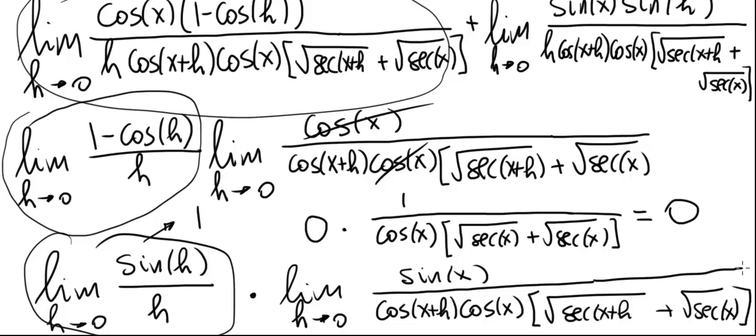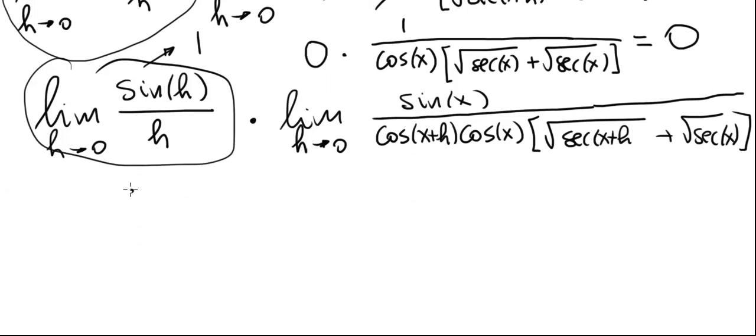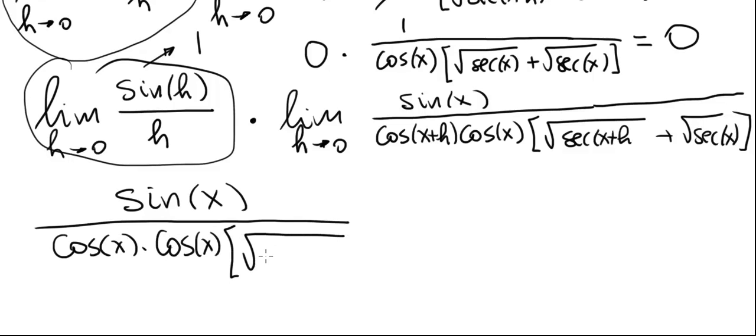And now let h go to 0, and we have the following answer. The numerator is sine of x. The denominator we have cosine of x times another cosine of x times the square root of secant of x plus the square root of secant of x.